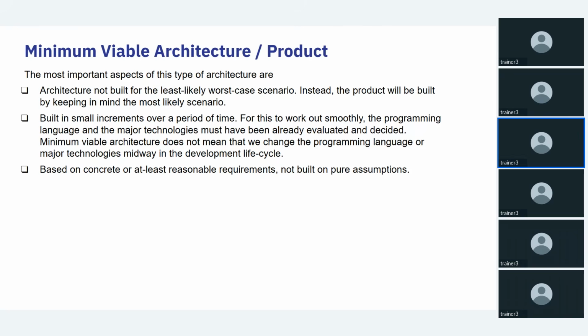You need to take care of one case: the house will be built keeping in mind the most likely scenarios. While constructing a house, you need to keep in mind that if an earthquake comes, the building needs to stay strong. And if a fire accident happens, it needs to provide a way to exit the building. In that way you need to give a 360 degree solution for your problem.